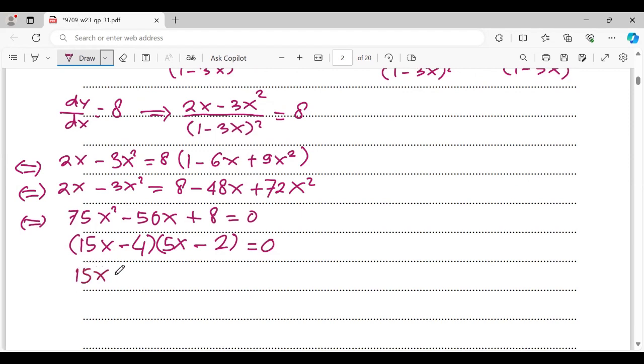So 15x equals 4 or 5x equals 2. So x equals 4 over 15, x equals 2 over 5.